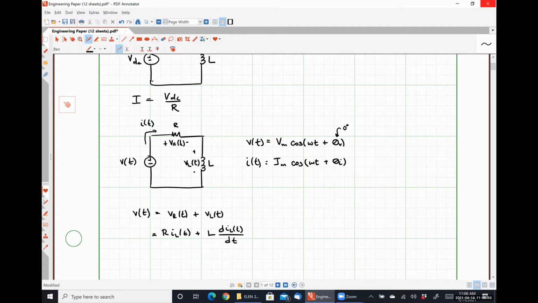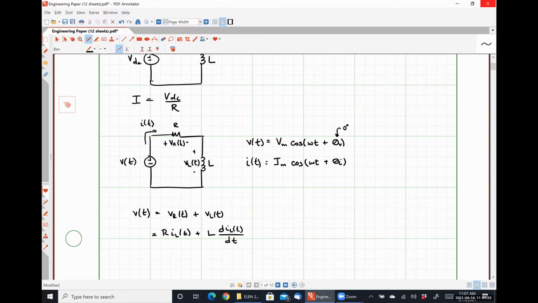With our guess value of I of t, we are going to have the sum of two sinusoidally varying signals, right? Which would allow us in some shape or form to calculate what IL is. The problem that we are facing right now is that if we work this problem entirely in the time domain, it's going to be very, very tedious. We are going to do just that, and it will take the majority of our lecture, okay?